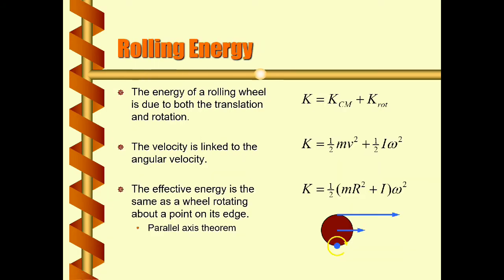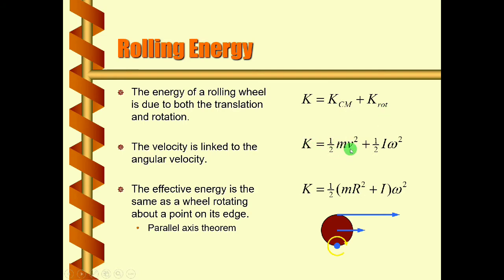Combining both the linear and rotational motion, you get rolling motion. So when we consider rolling of a wheel, the total or net kinetic energy will be the sum of linear kinetic energy and rotational kinetic energy. You will add both the values here.